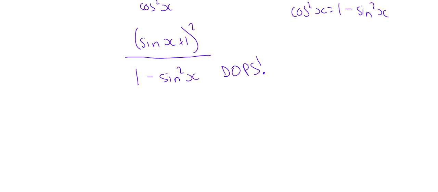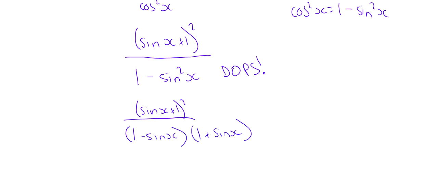So if I rewrite the top, still got this. The bottom now looks like 1 minus sine x and 1 plus sine x, right? So this is a factorized version of DOPS.